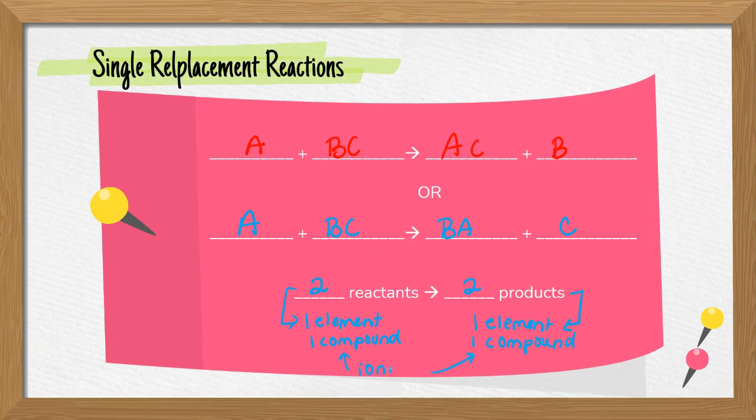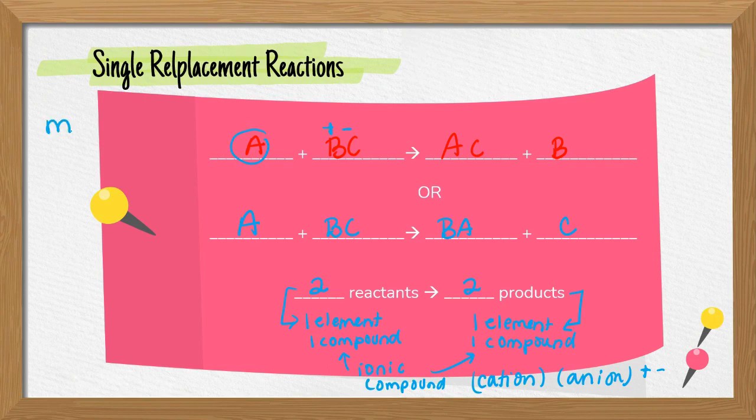This is going to be an ionic compound. So remember, for ionic compounds, it's a cation first and then an anion. In other words, it's the positive and then the negative. So that's why you can have 2 different ways. B would be positive because it's written first, C is negative. If A is a metal, metals always become positive.